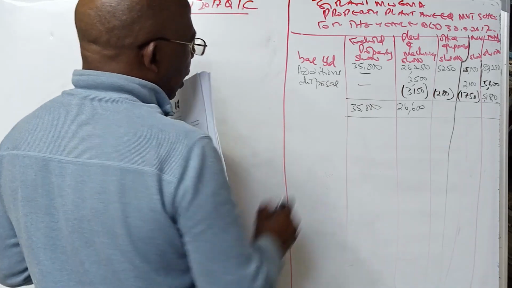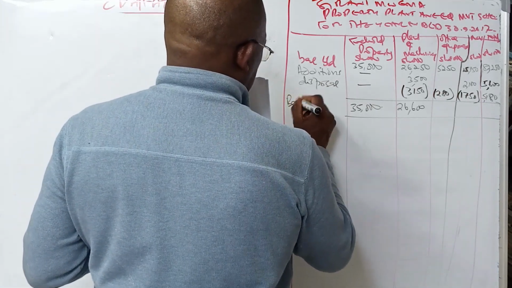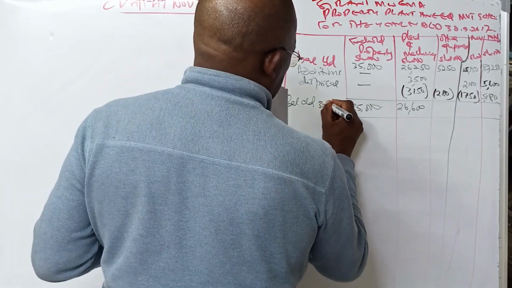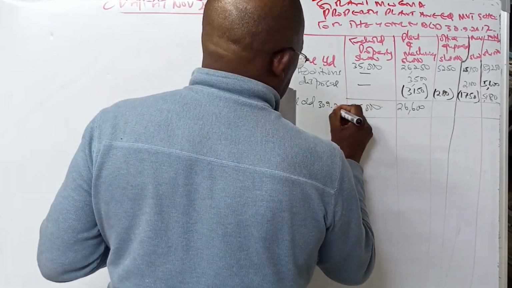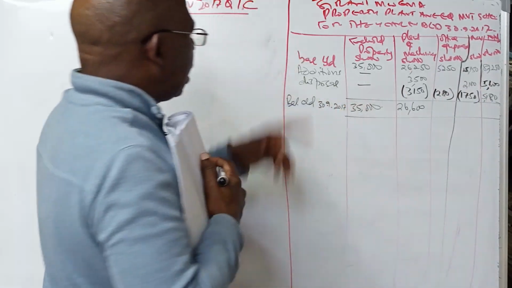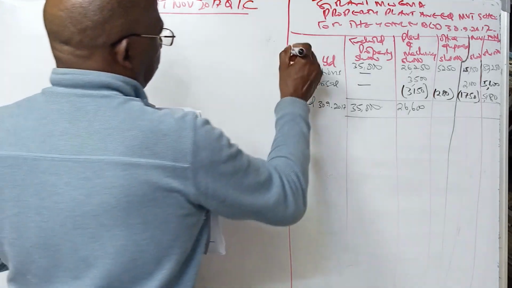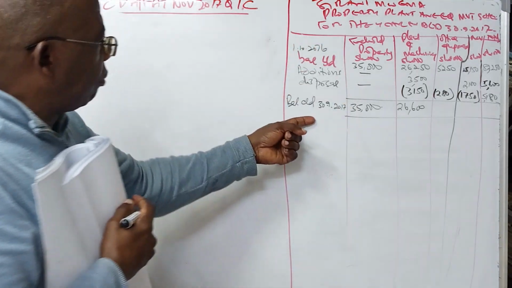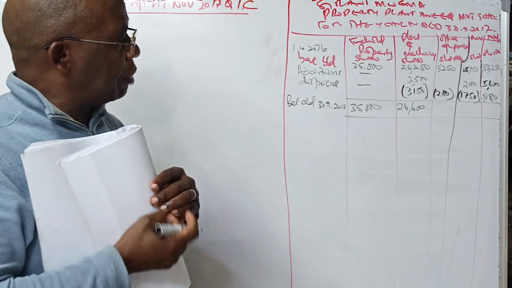That is the balance carried down as at the 30th of September 2017. This is the balance at the beginning of the year, 1st of October 2016, and this is the balance at the end of the year, 30th of September 2017.